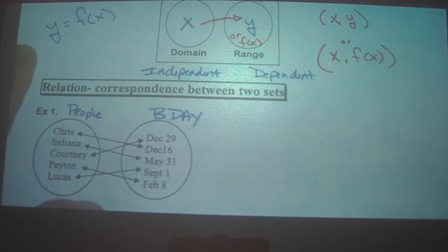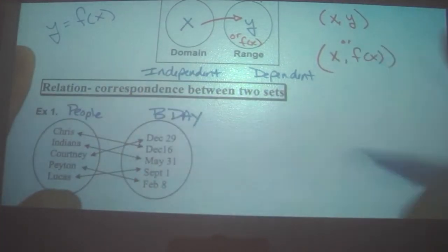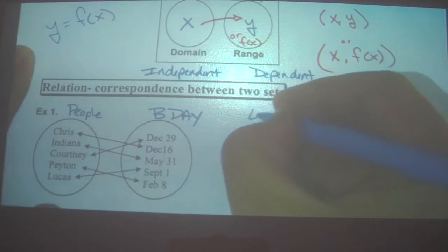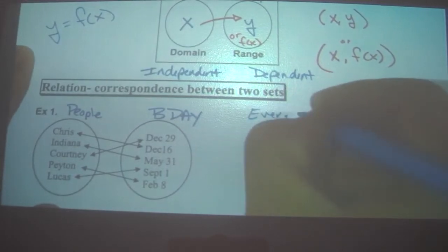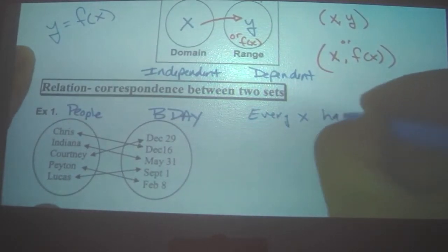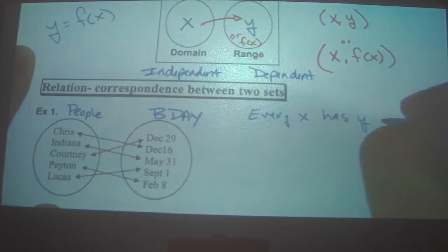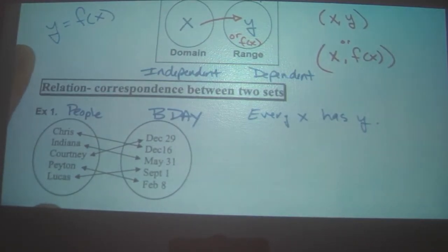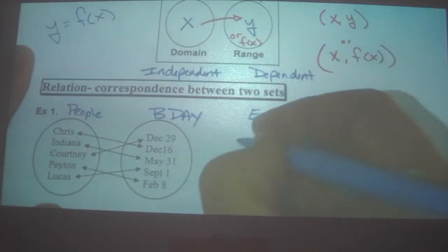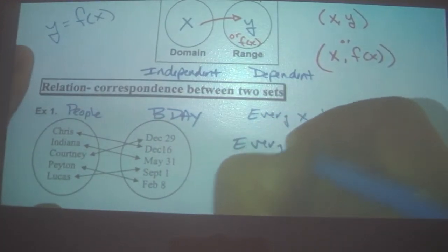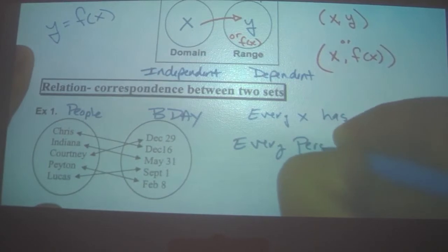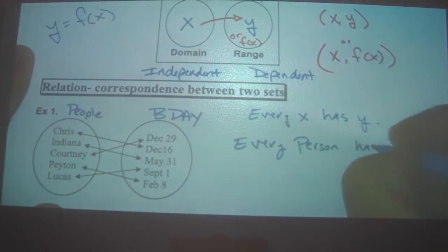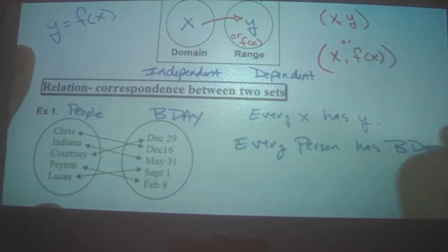Now if I have a correspondence between 2 sets, that means every x has a y. Or every person has a birthday.